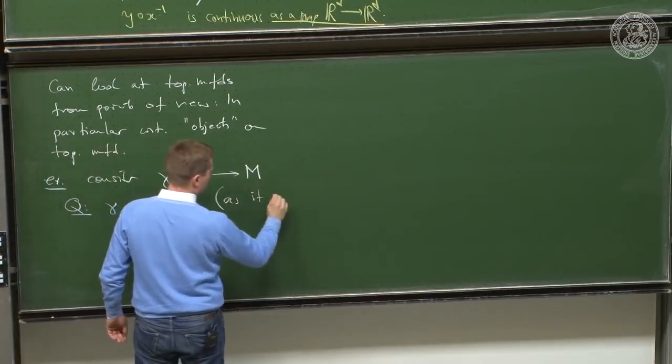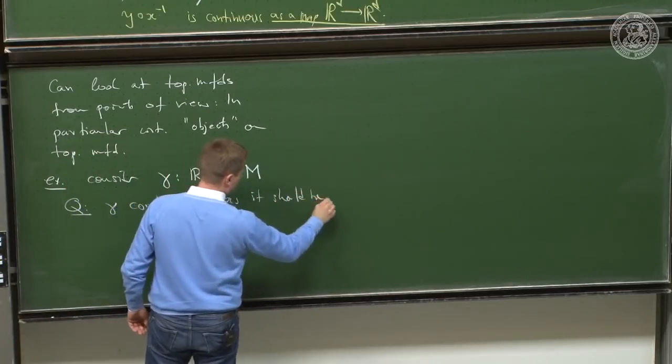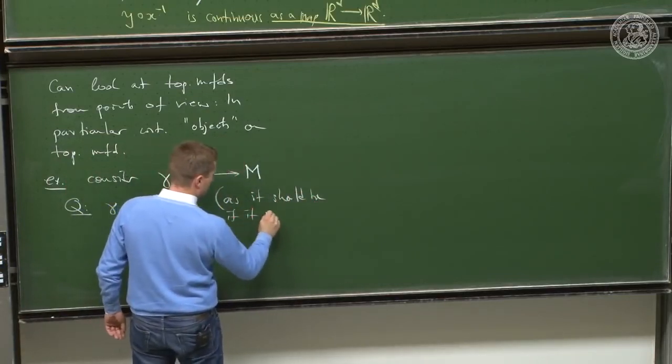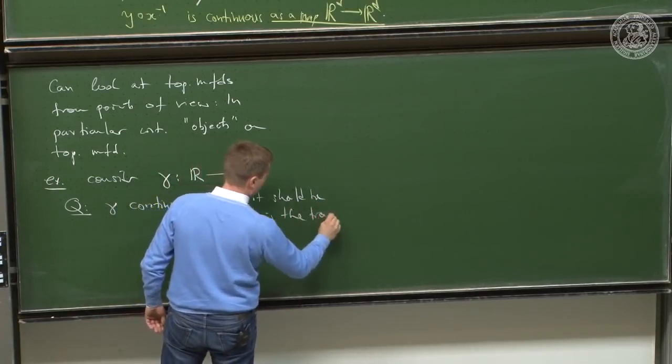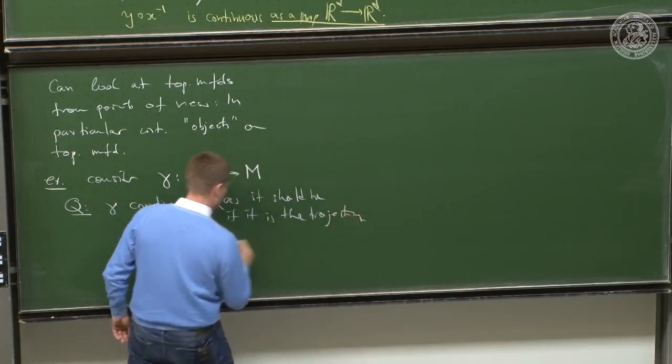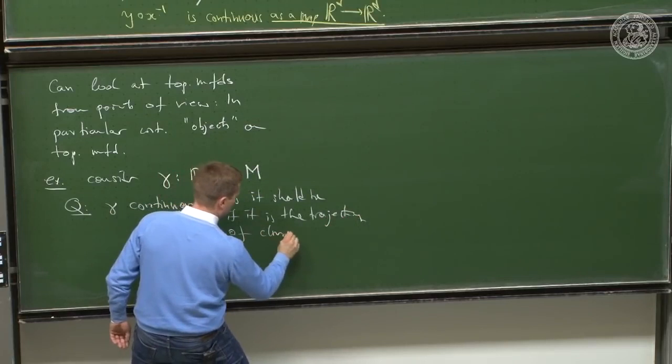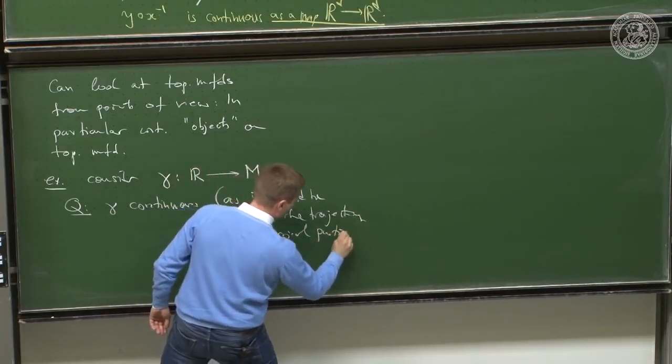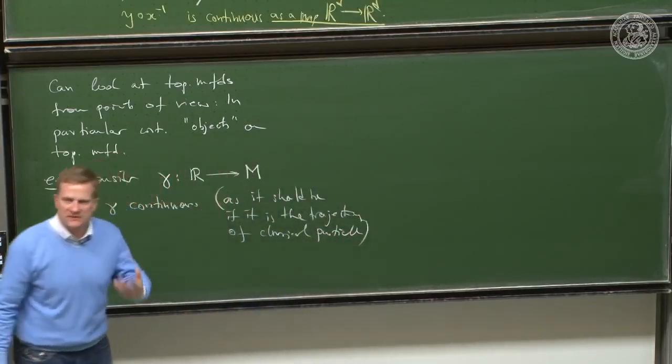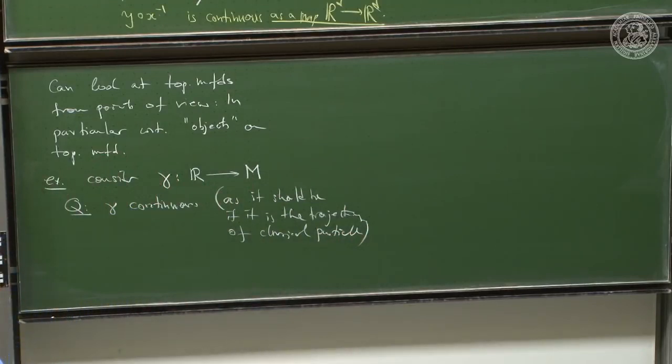As it should be if it is the trajectory of a classical particle. So if we identify M with the physical space, we want to do classical mechanics, the particle trajectory shouldn't jump all of a sudden, it should be continuous.